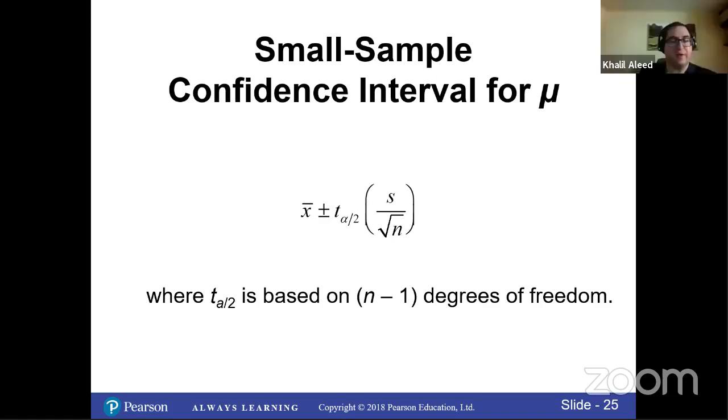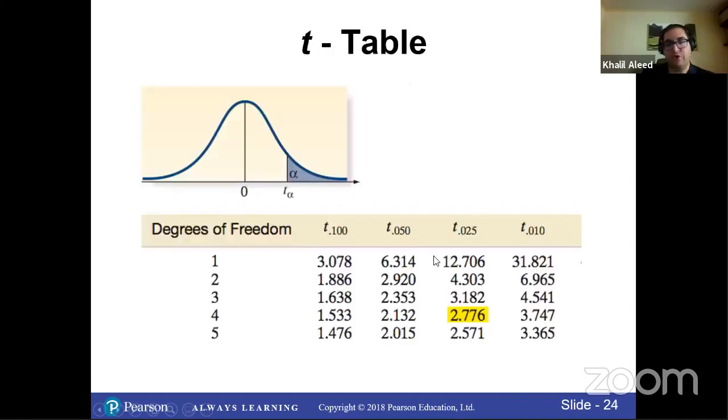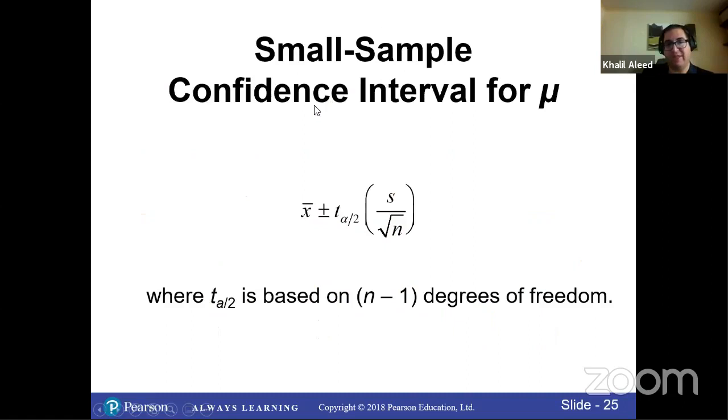Perfect. Okay, thank you. So now, after we learned about the degrees of freedom and T, using T to build a confidence interval is the same idea as using Z. We need the upper limit, the lower limit, and the confidence level.